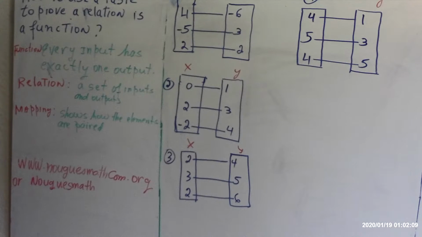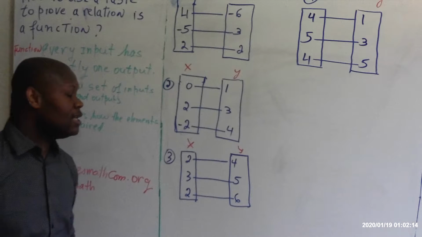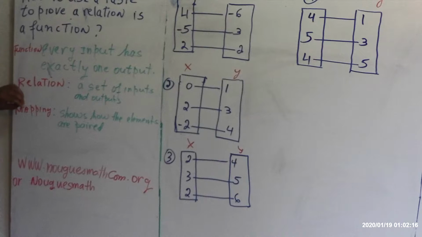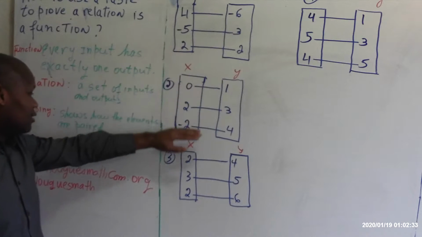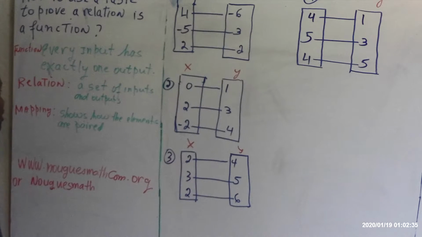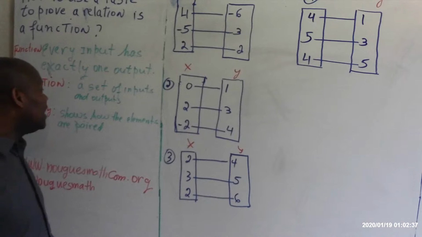So, before we do that, let's see some definitions. First of all, a function means every input has exactly one output. Let's see what is a relation. A relation is a set of inputs and outputs. For example, all these tables are relations because they have inputs and outputs.